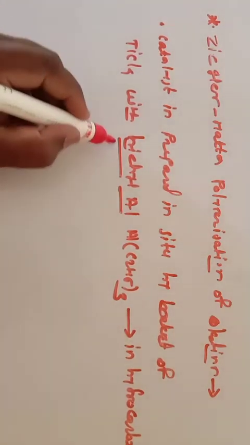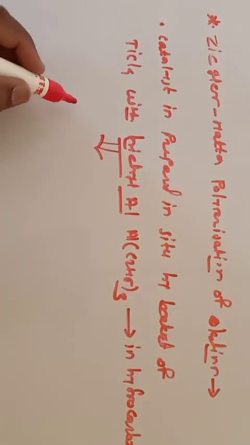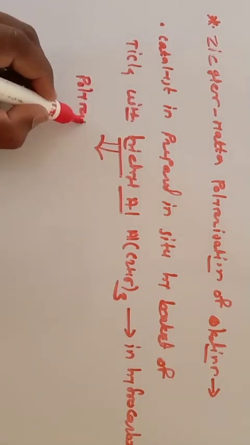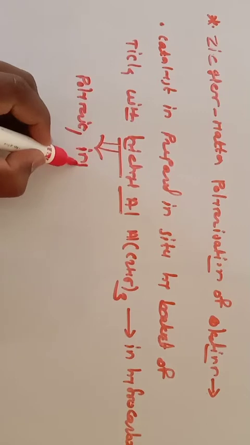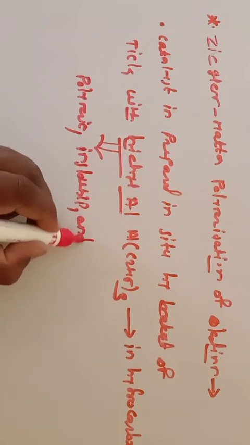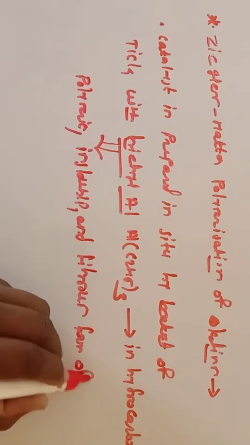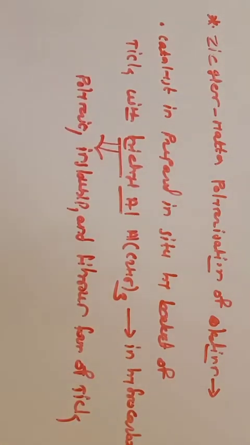After mixing, TiCl4 and triethyl aluminum give a polymeric, insoluble and fibrous form of TiCl4, which is used in the form of fine powder. This Ziegler-Natta catalyst is a heterogeneous catalyst.